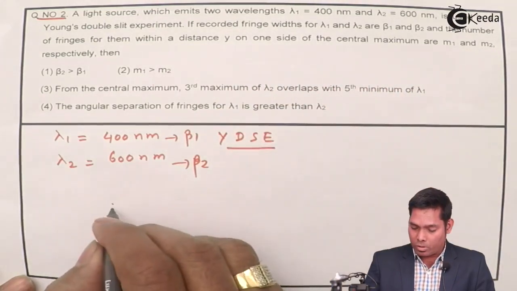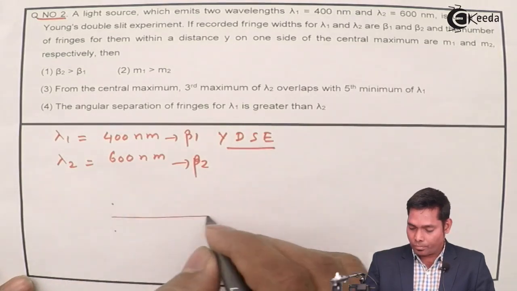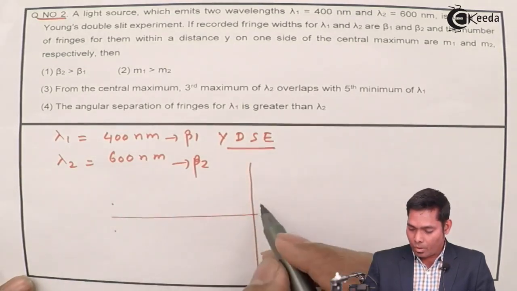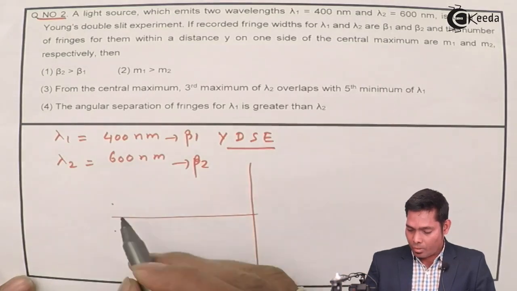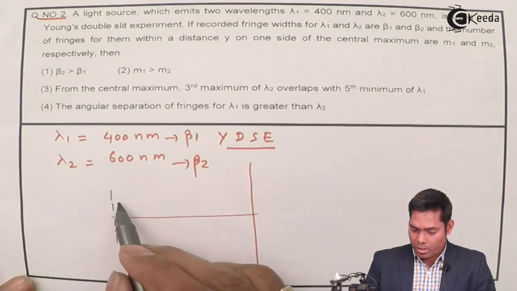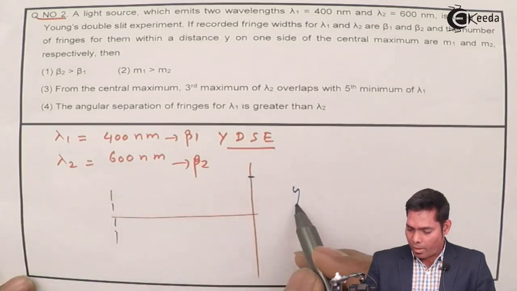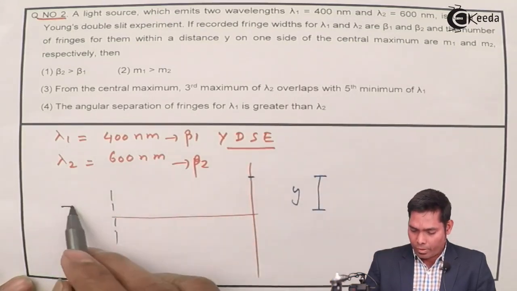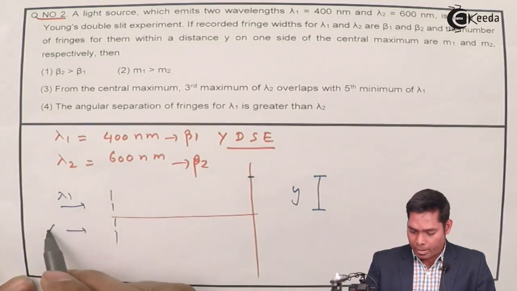So this is the situation. These are two sources, and within a distance y, we are using lambda 1 and lambda 2.